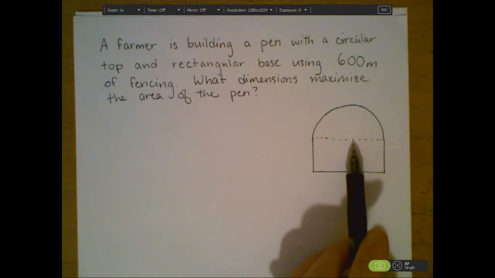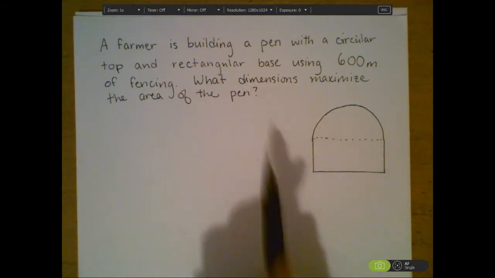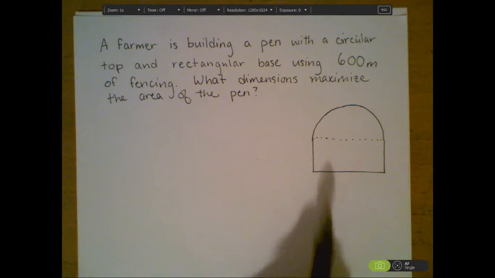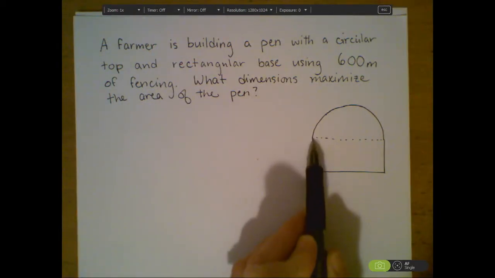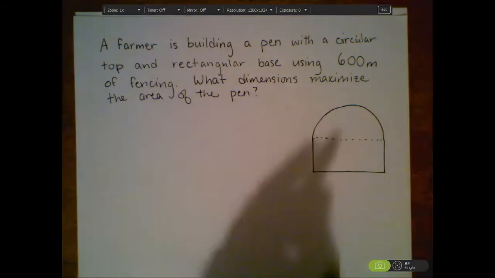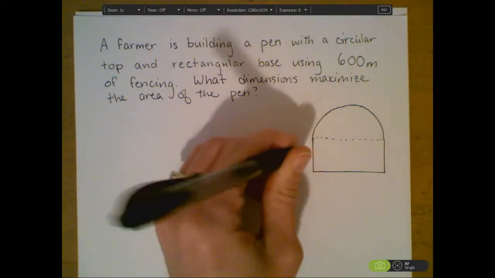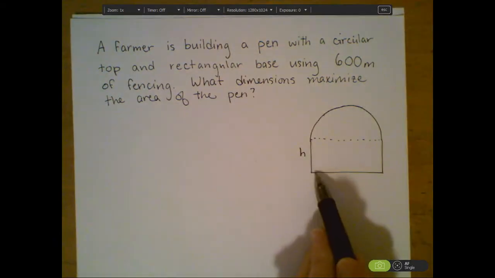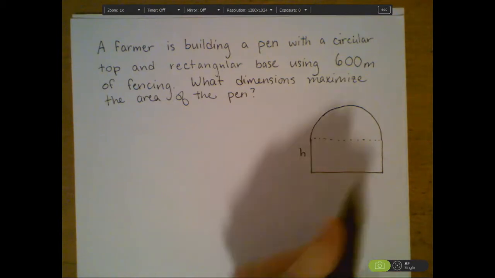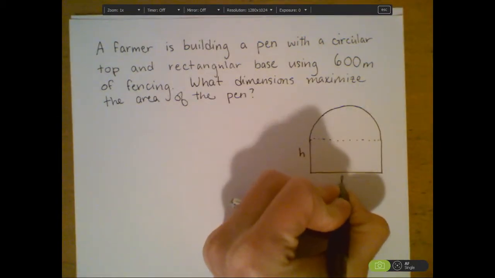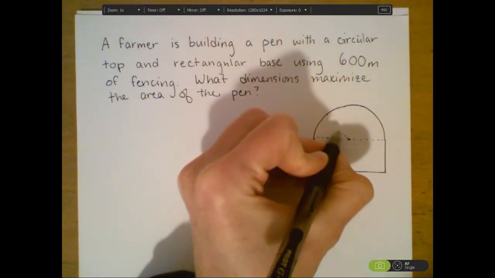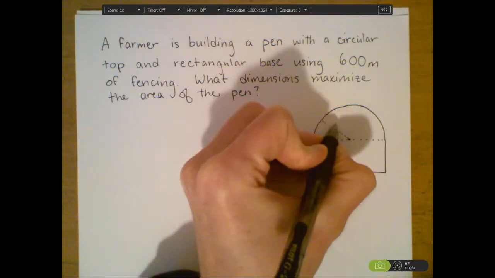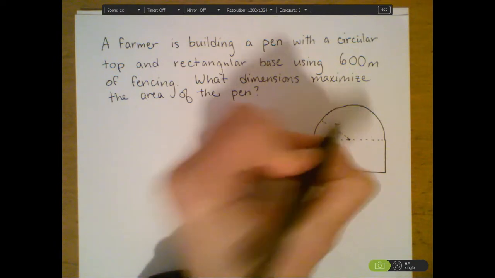If I'm looking for the dimensions that maximize the area of this pen, right off the top of my head, I can see there's the height of this side, we'll call that H. Then we have the length along the bottom, I'll call that L. And then we also have the radius of the semicircle, I'll call that R.